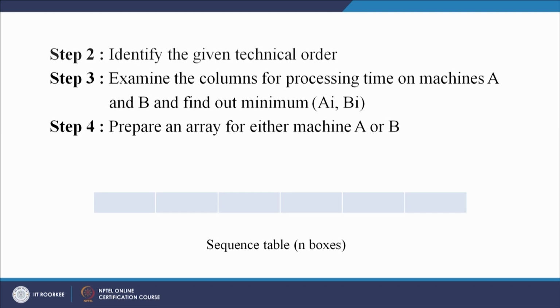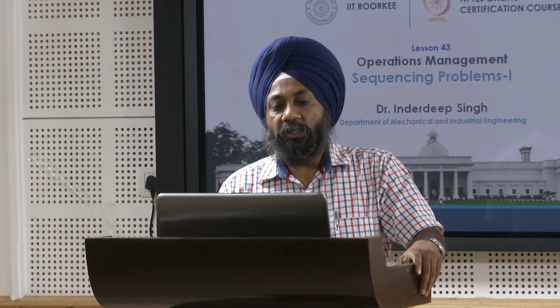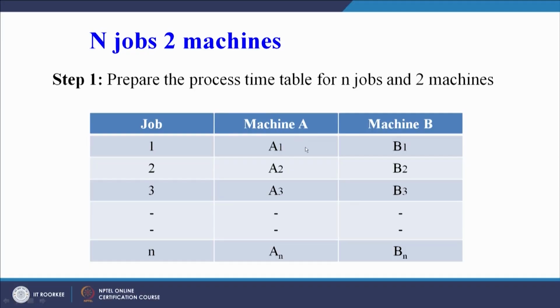Now we have 2 columns, machine A and machine B, and these represent the processing times for different jobs on machine 1 or machine A, and processing times on machine 2 for the different jobs. For example, job 1 may require A1 as the processing time on machine A, and B1 as the processing time on machine B.